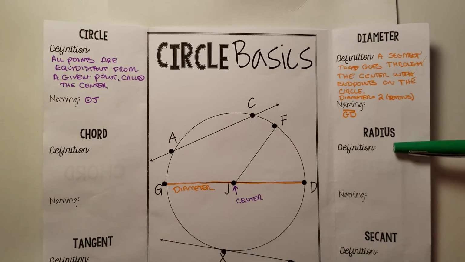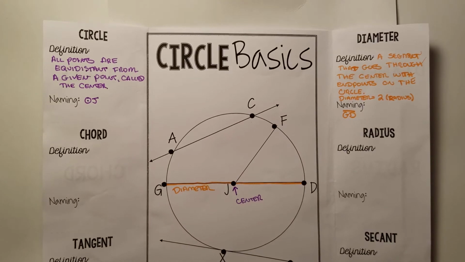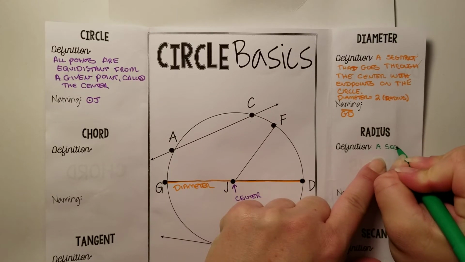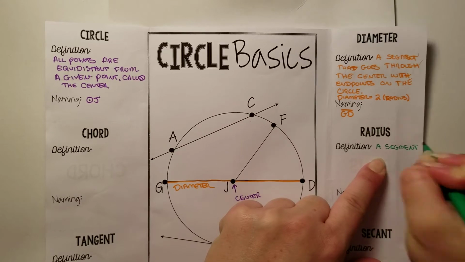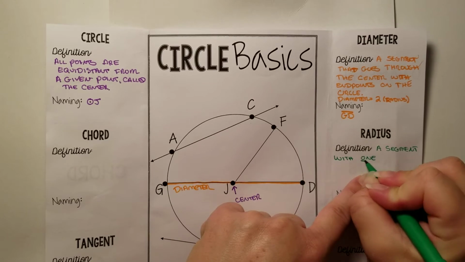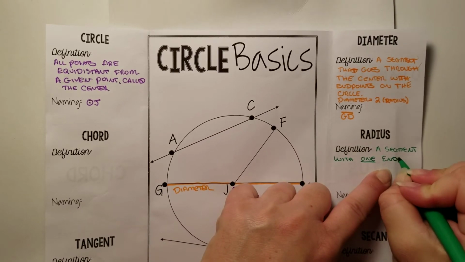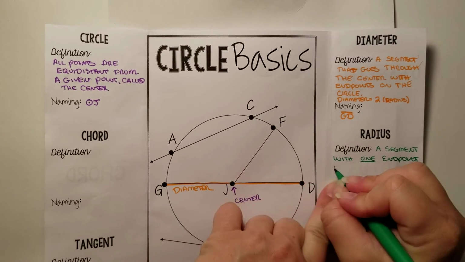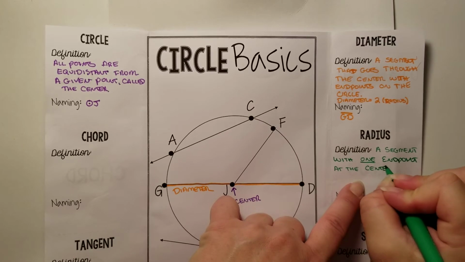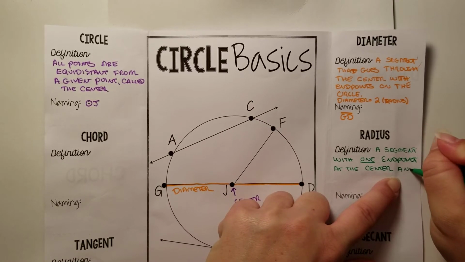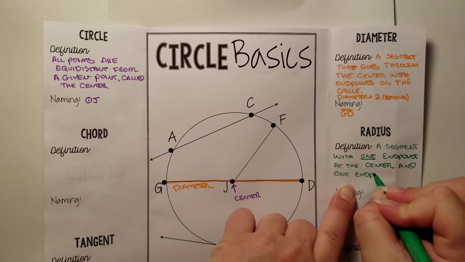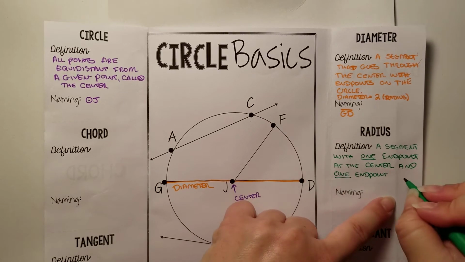So we're going to jump down and go to the radius. And so the radius is a segment with one endpoint at the center and one endpoint on the circle.